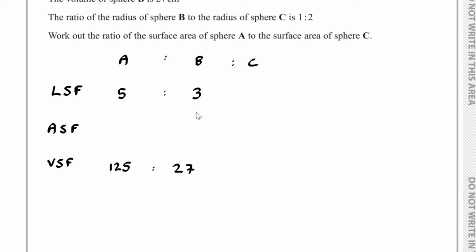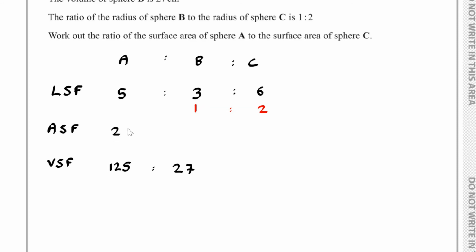So I've got the ratio of B to C in terms of lengths is 1 to 2. And so here I have 1 times 3, which is 3, and 2 times 3, which will be 6. And so, for the area scale factors, I need to square.